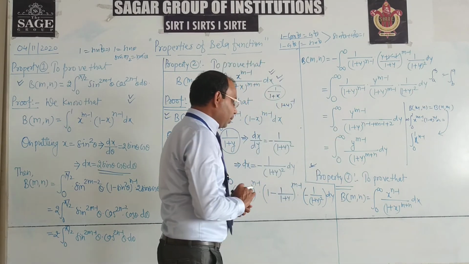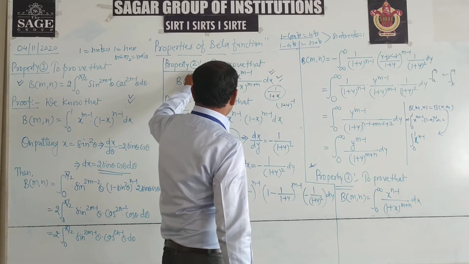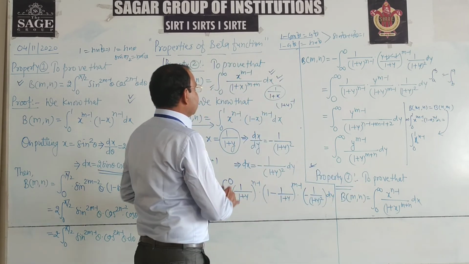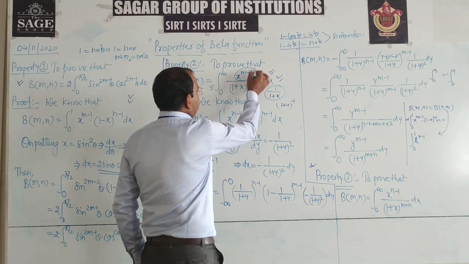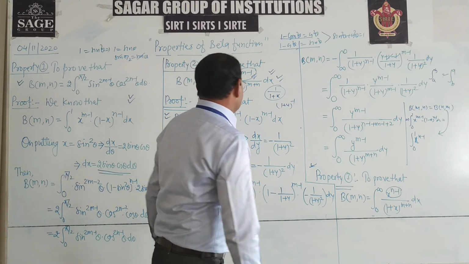In the same format, to prove the third property: property second is this and property third is this. So both are the same, only a single place is the difference between the two properties. This is m minus 1 and this is n minus 1. Then we select the formula.